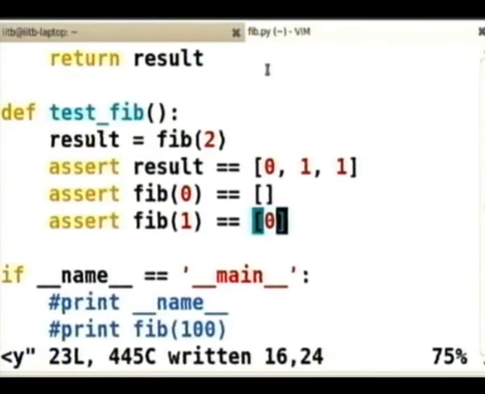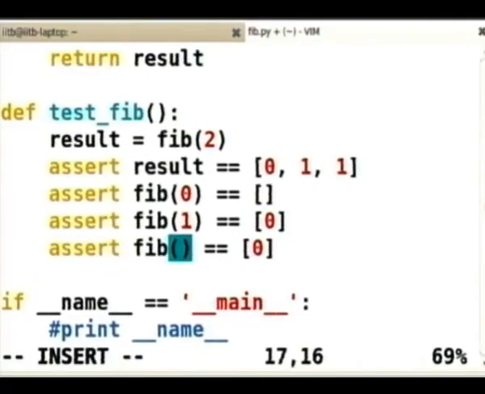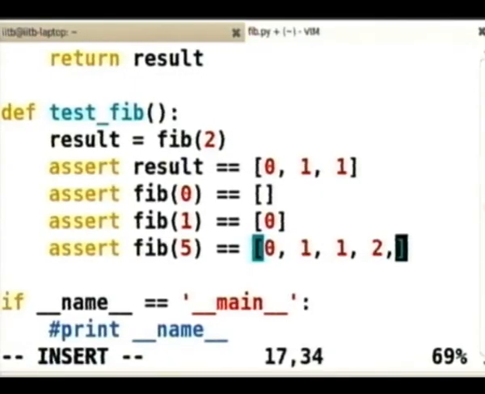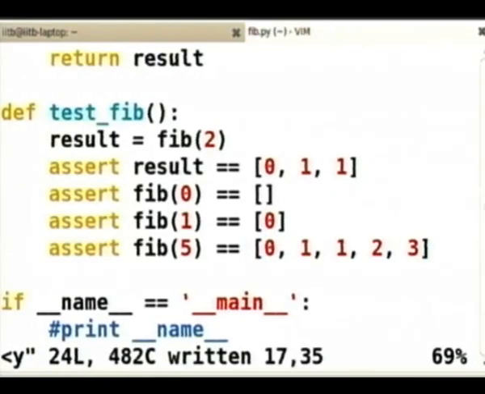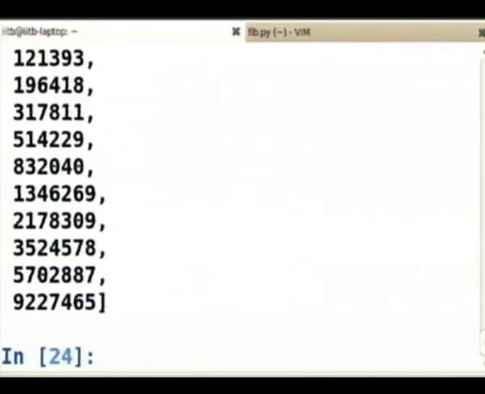Let's try something slightly more complicated. So if it passes all of this, I am pretty certain my Fibonacci function is correct. Now I can call fib with some crazy argument and I know it will produce the right output.